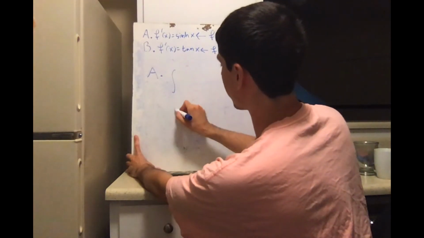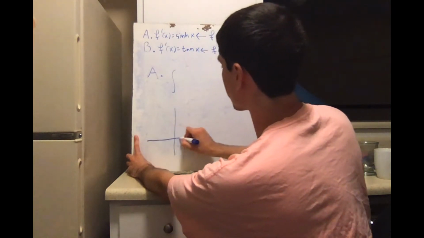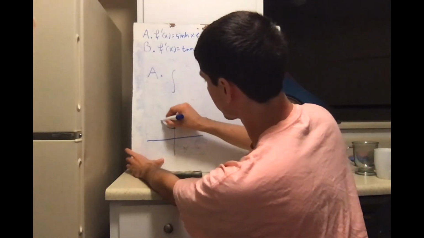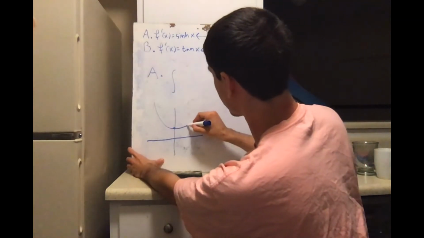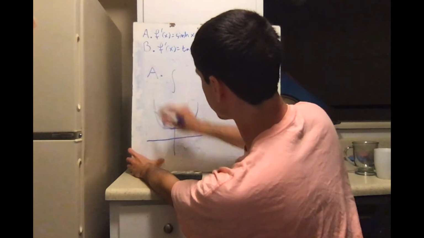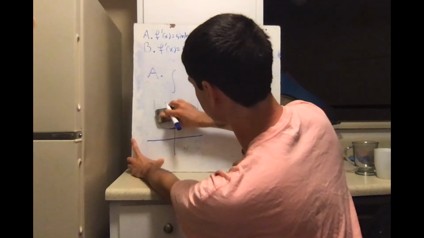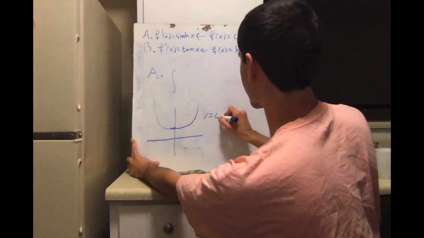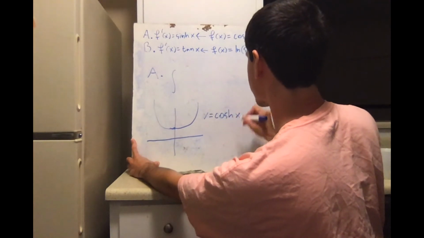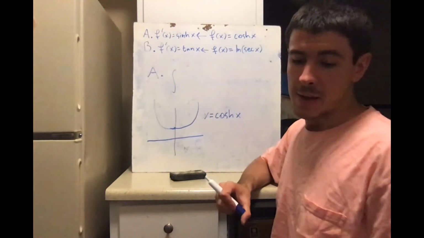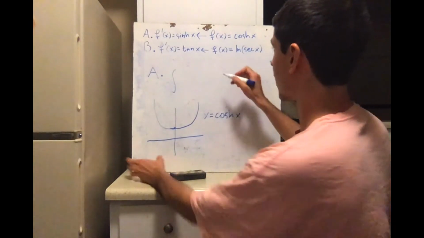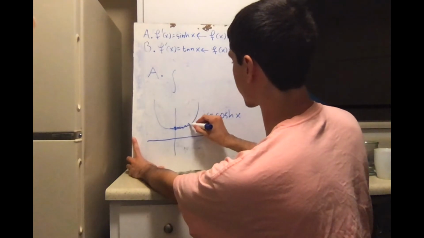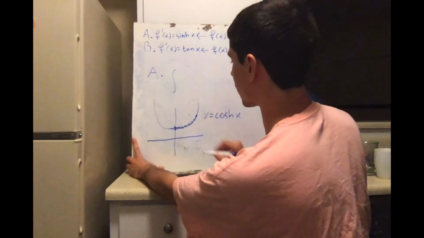and by the way, I should draw the curve and say where we're going to start from. So this curve right here is y equals cosh x. We're going to start from x equals 0 and find the arc length up to some point.